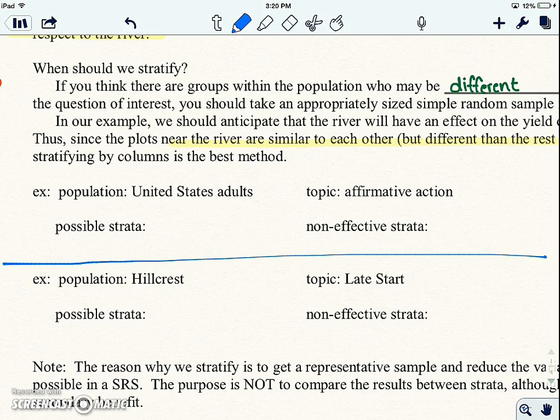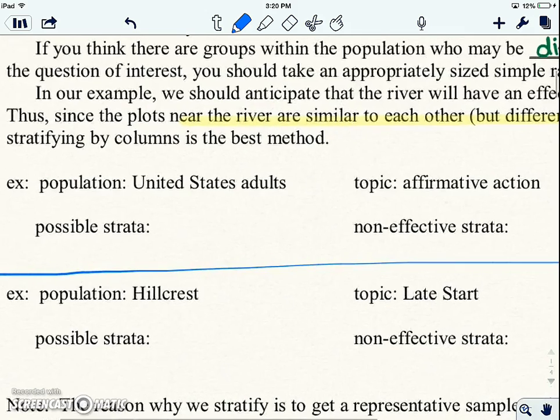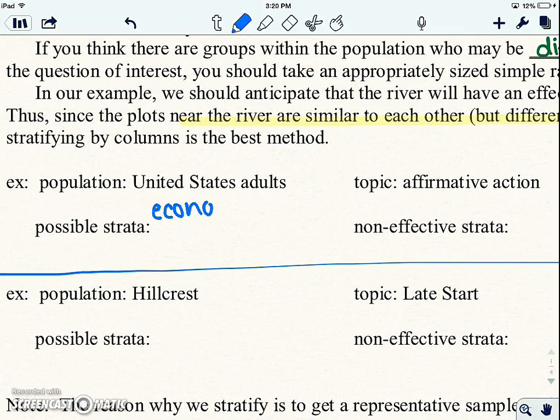If we were going to ask people a question about that, okay, we might want to stratify them, especially if they're United States citizens. Possible strata could be economics, how much money they make. Lower economic people might be more for it because it might benefit them more. I don't know. Of course your gender, because sometimes they do it with gender.